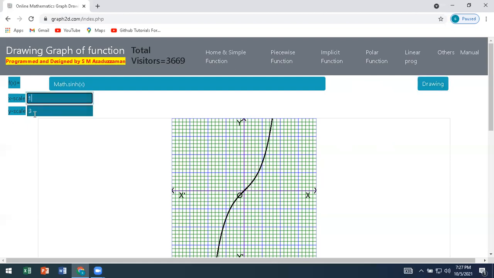We can also change the x and y scale. For getting the coordinate, press the mouse button on the graph.